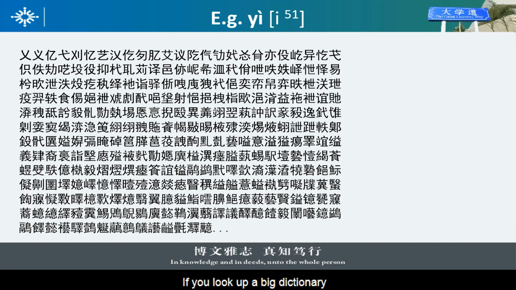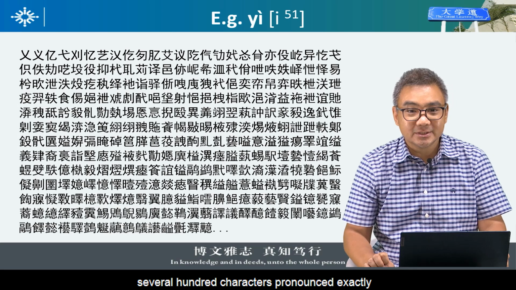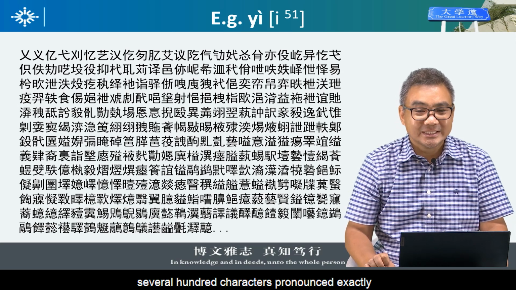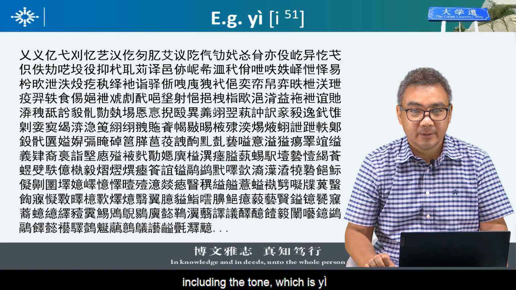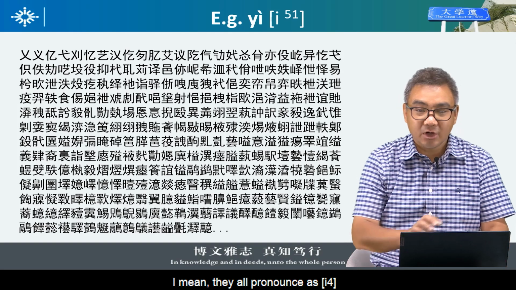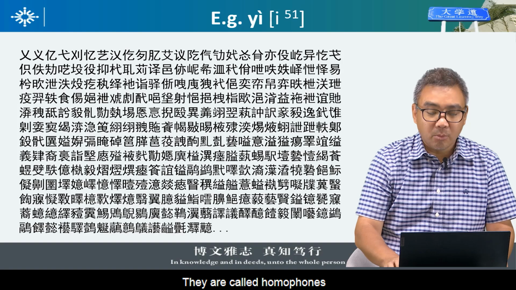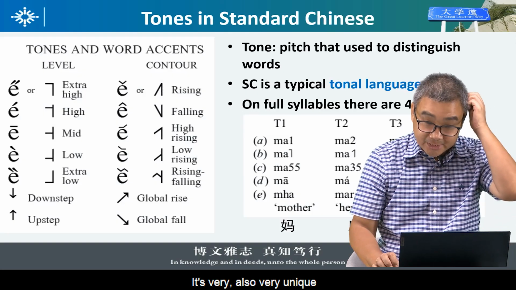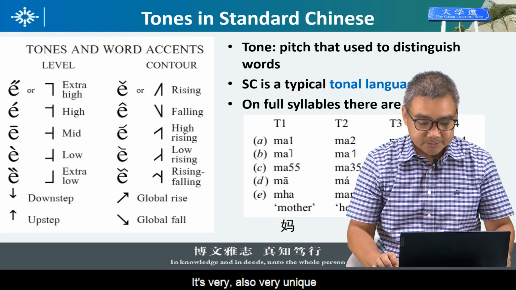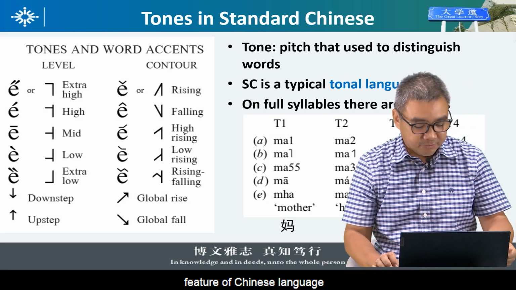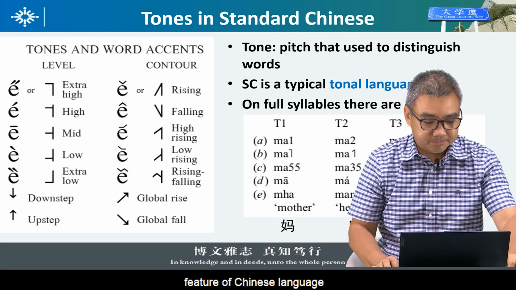If you look up a big dictionary, you may find even more. On this page, it shows several hundred characters pronounced exactly the same, including the tone, which is yi. I mean, they are all pronounced as yi. They're called homophones. It is also a very unique feature of the Chinese language.